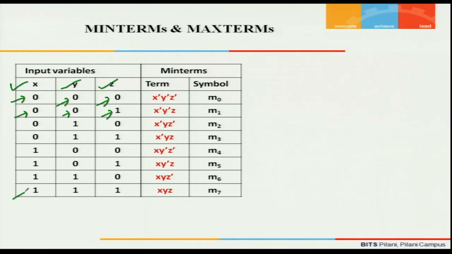If x, y, z all are 1, we represent it as x dot y dot z. So, what we got here is 8 different terms, each one representing one set of input combinations and represented as a product term made as a function of the input variables.